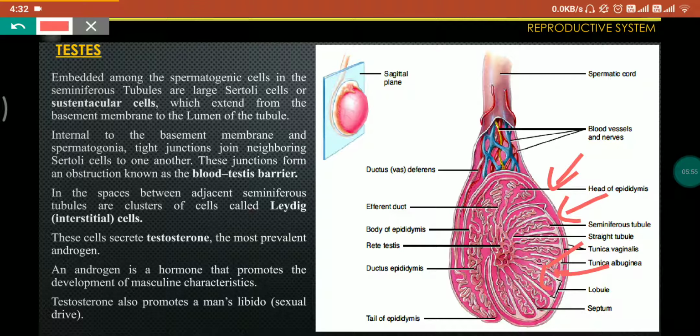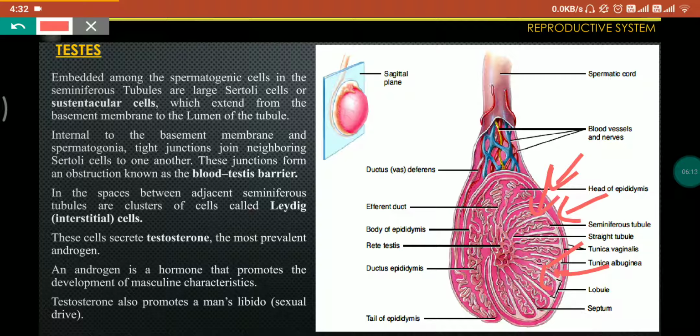In each lobule there are about 4 to 5 seminiferous tubules, which are surrounded by Sertoli cells, present in the basement membrane of the lumen of each tubule.